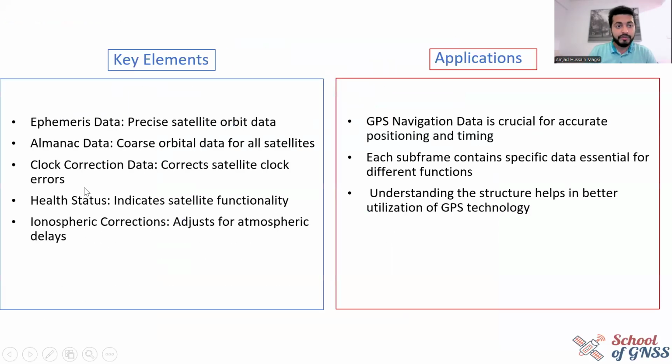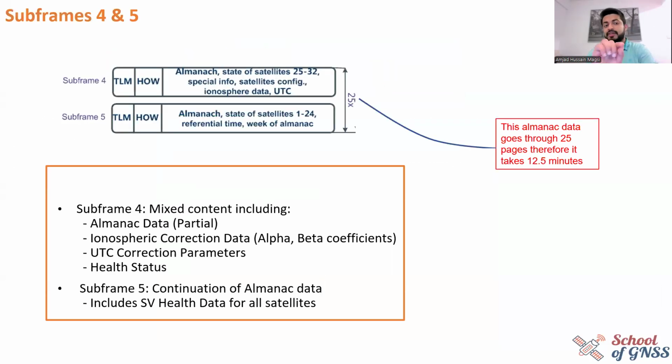Let's move to subframes 4 and 5. These contain almanac data. Almanac data contain information about the satellite which transmits the navigation data, but also about its nearby satellites and other constellations. Why is this? Because if the receiver is getting strong navigation data, whether in open sky or partial open sky conditions, it will come to know which satellites it has to look for.